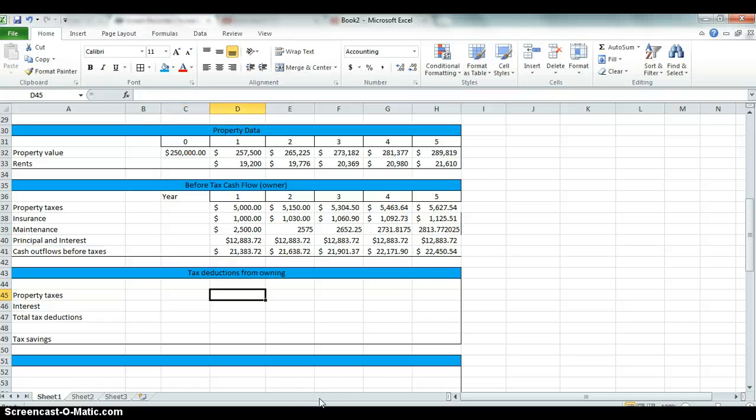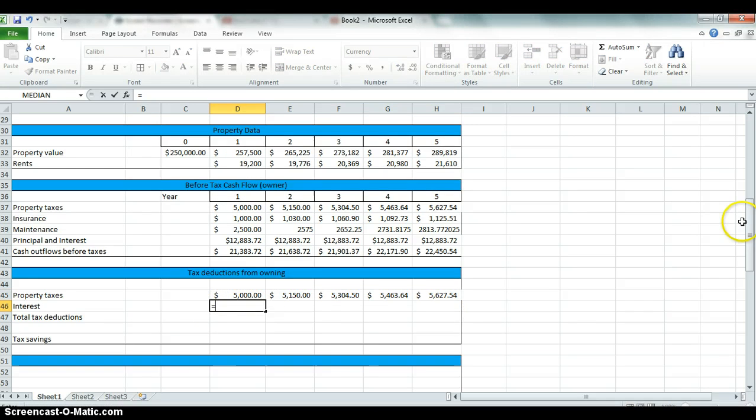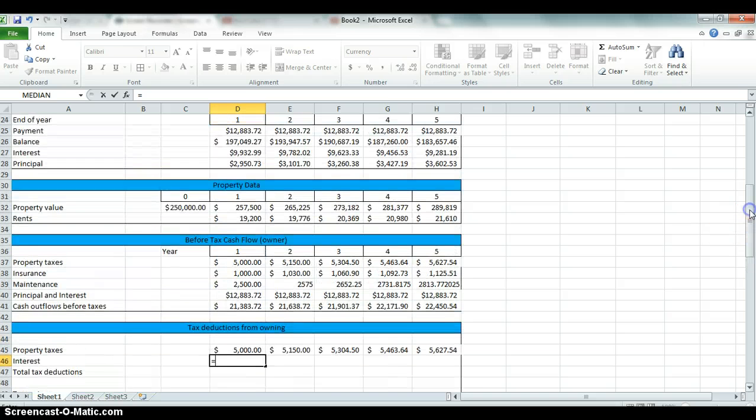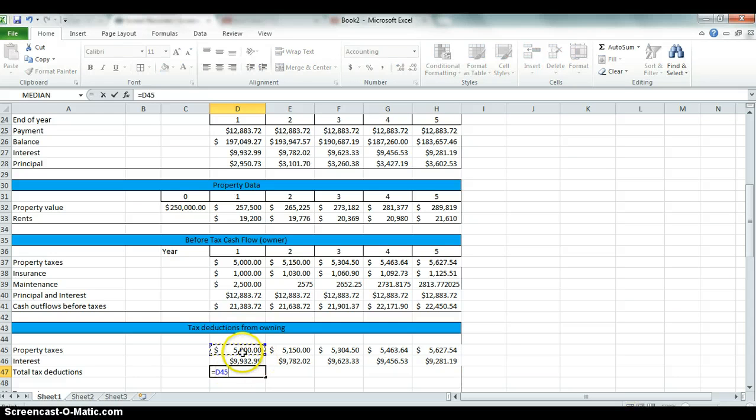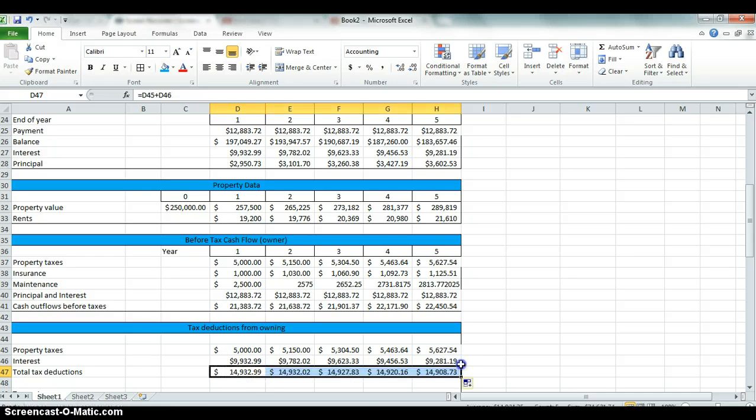Okay, we already calculated property taxes, so we're just going to equal those here, drag it down, make it really simple. For interest, we have also calculated that already. It is up here when we used our amortization table. We can also drag it down. Now, for total tax deductions, we will just add up these two numbers and drag that formula down.